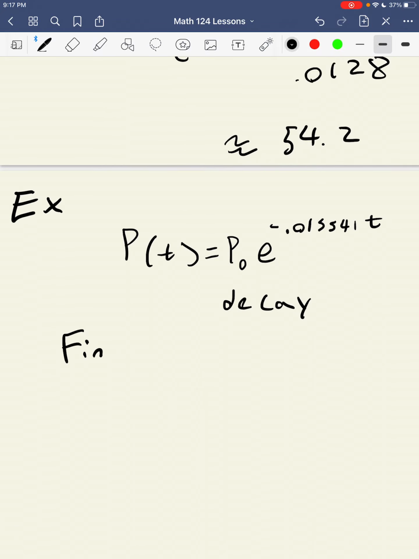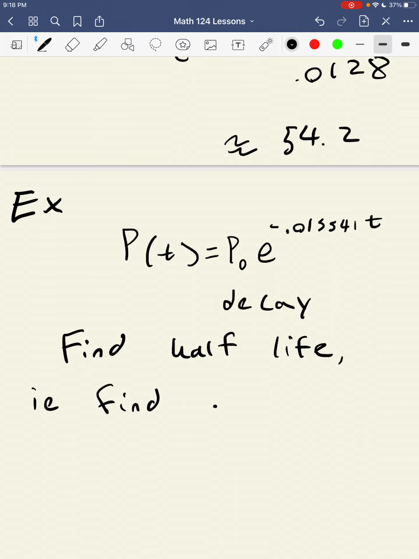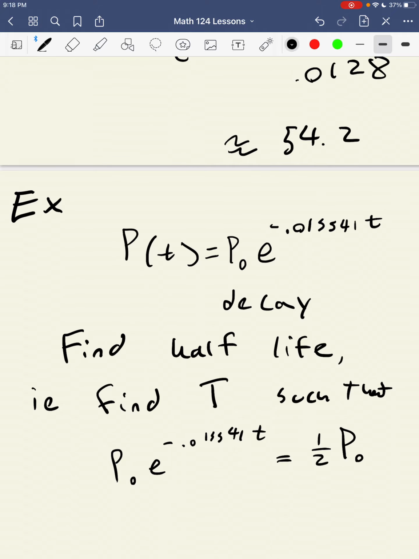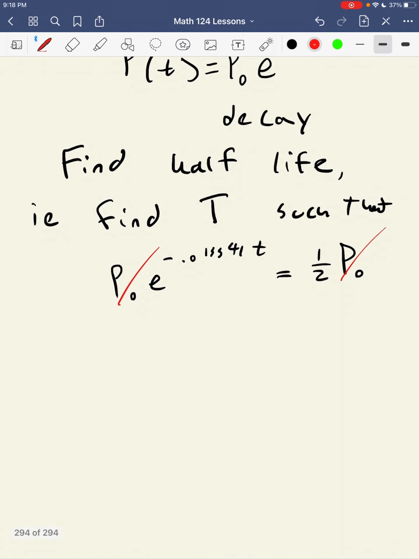Now if we want to find the half-life, what that means is we find the time such that the model equals half of what we started with. I just picked a rate there; we could use any negative rate. We could divide the initial amount out.